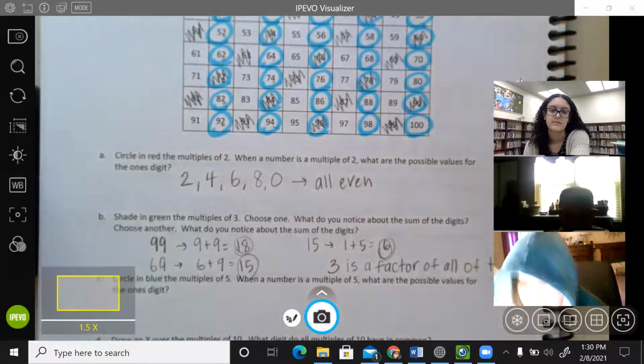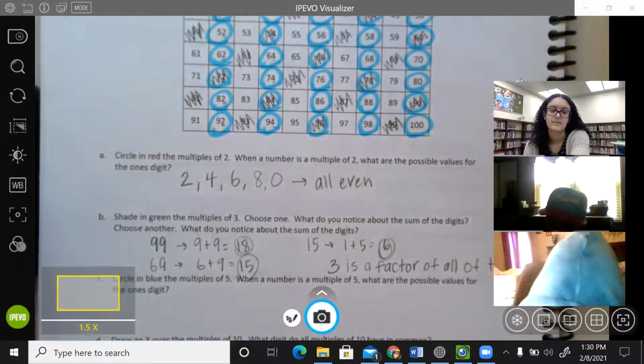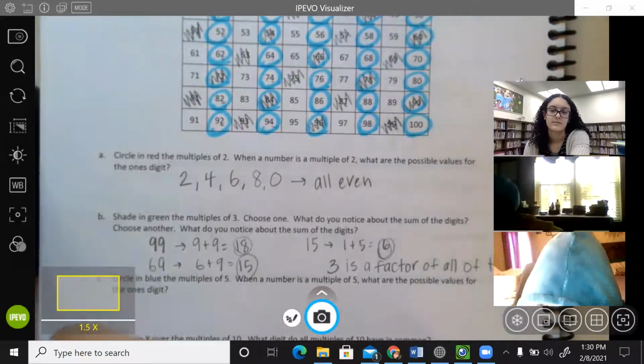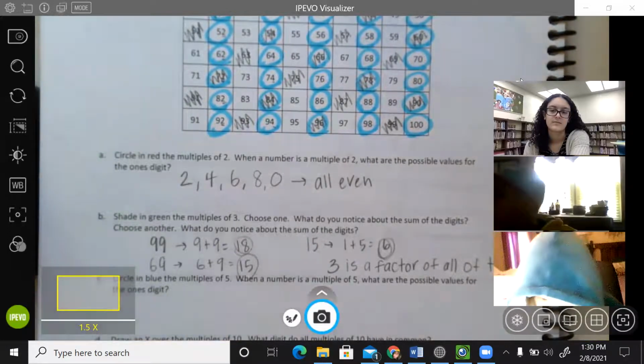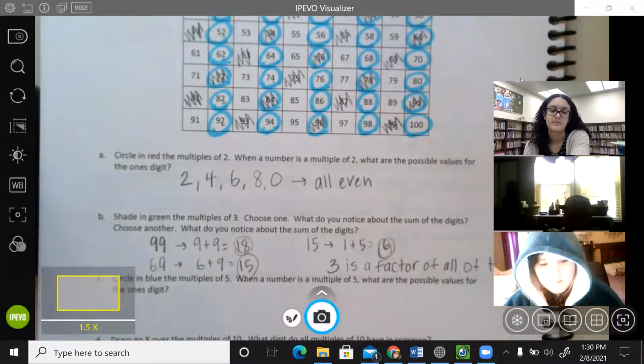And the next one, we need to circle in blue. So since I used blue already, I believe I have a black pen. Okay, Olivia, we need to circle in blue the multiples of 5.